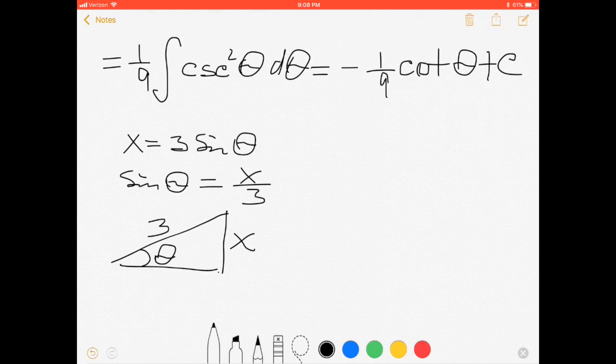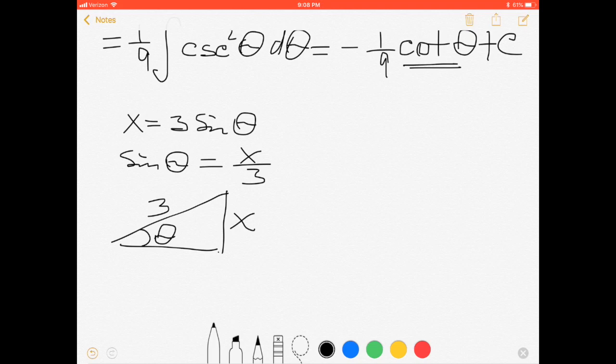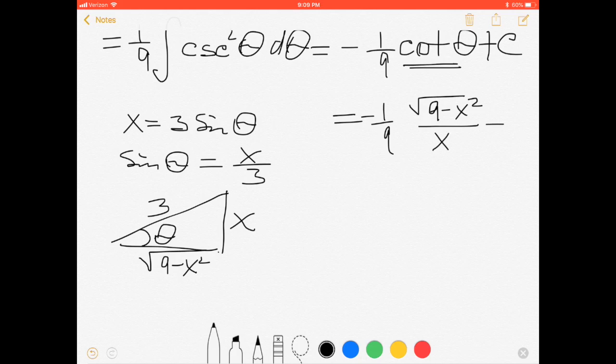Our answer has cotangent theta. We need to find cotangent theta in our triangle. This means we need to find the other side, which will be square root of 9 minus x squared, and our answer, going back, will be minus 1/9 square root of 9 minus x squared over x plus c.